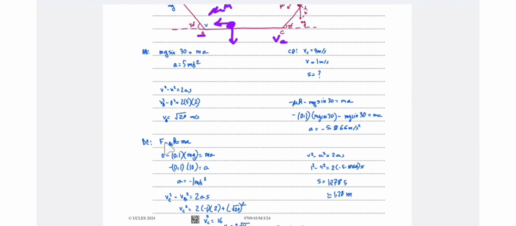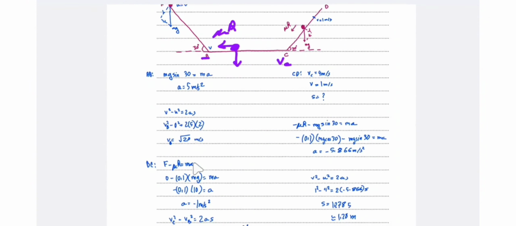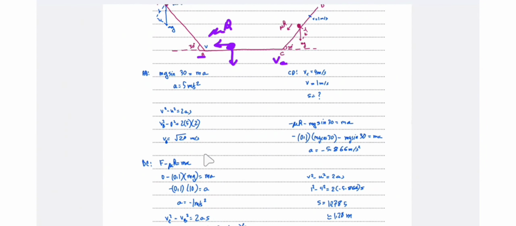There is no forward force acting; the weight acts vertically downward. But there is the frictional force mu R, so the net force is 0 minus mu R, and we are given mu as 0.1, so 0.1 R.